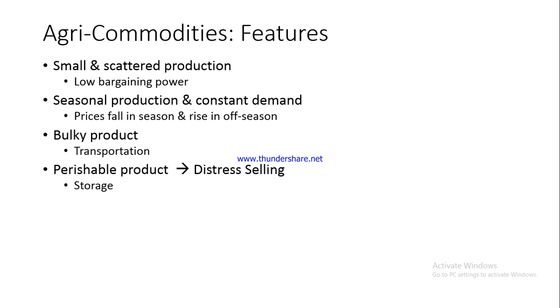Because if he does not do that, his produce may rot, and then it would be of no value to him or for the customer, and it would be a waste of money for him, and he would have to incur losses. So just to ensure that this does not happen, he will be compelled to sell, even if the customer is offering him a low price. And this is what is distress selling.